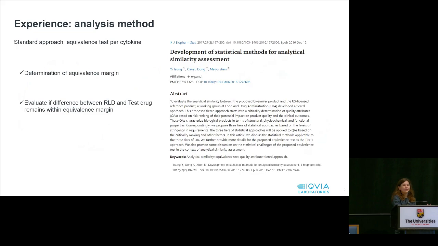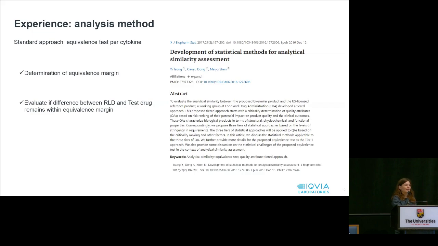Our standard approach and primary analysis is a test per cytokine, where we follow the approach that is described in this paper that you see there, which is an equivalence test. That consists of actually 2 steps. The first step is the determination of an equivalence margin, meaning the largest differences that you consider non-relevant.